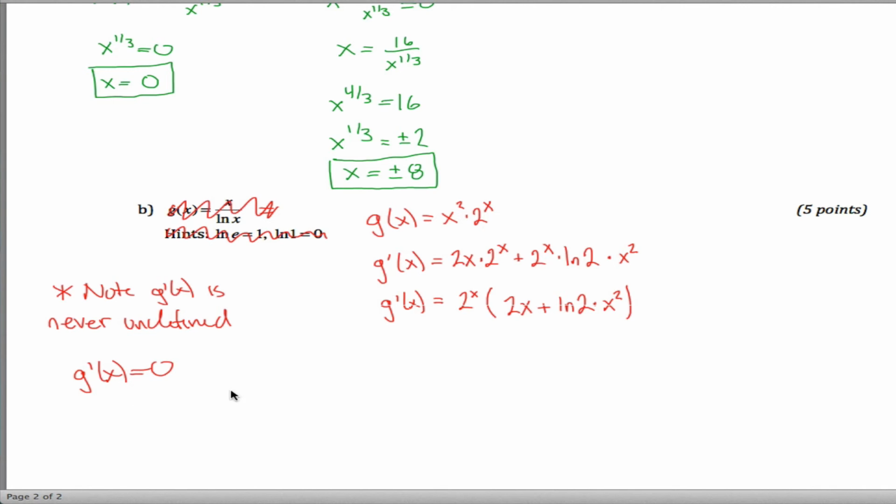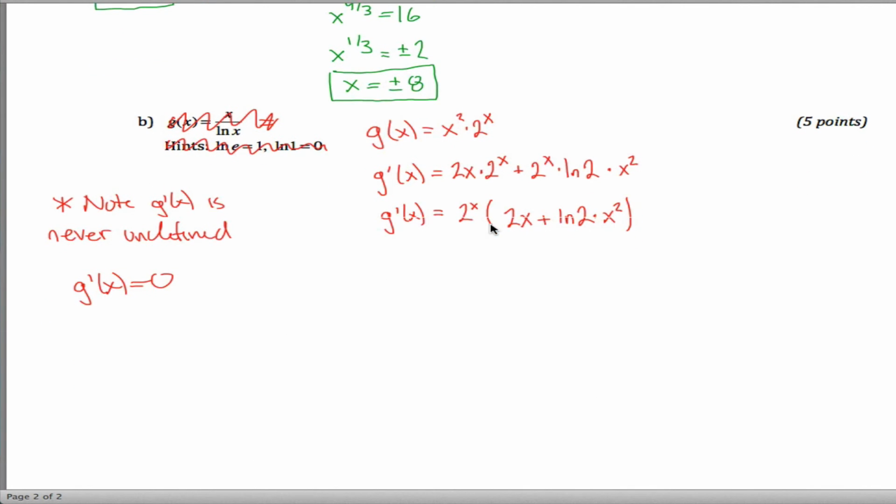To solve when g prime of x equals 0, let's take our derivative here and set it equal to 0. So I got 0 equals this thing times this thing. And I don't want you thinking it's the natural log of 2x squared. I want you to know that it's x squared times the natural log of 2. So I'm going to write it in this order.